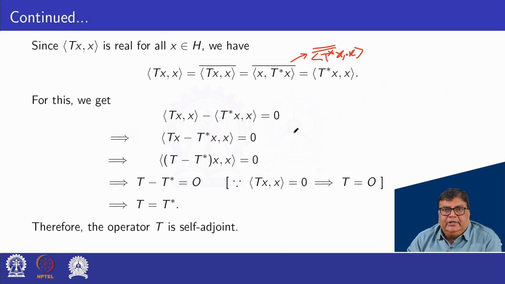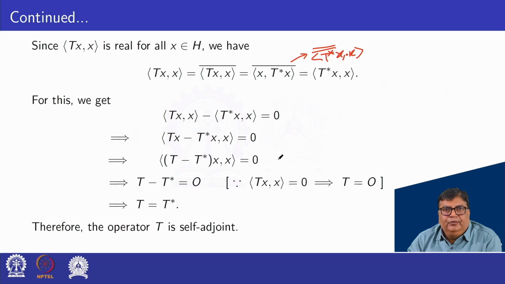As per the additive property of inner product, this can be written as inner product of Tx minus T star x, x is equal to 0. That is, inner product of T minus T star x, x is equal to 0.